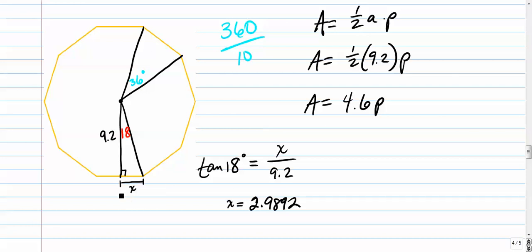And remember, that's only half of one side. So we have to multiply that by 2 to get a whole side. But there are 10 whole sides, so multiply that number, 2 times x times 10. Or if you're kind of slick, you can just multiply this guy by 20, which is what I'll do.